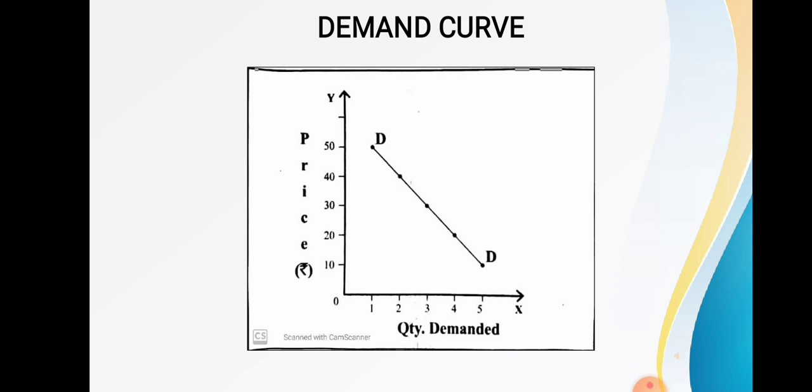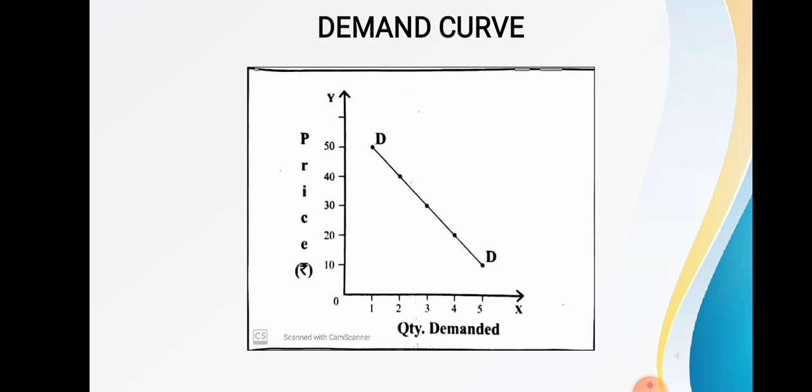As you can notice from this demand curve, when the price is rupees 50, the demand for mango is 1 kg. Similarly, when the price decreases to rupees 40, its demand increases to 2 kg. When the price decreases from 40 to 30, demand increases from 2 to 3.